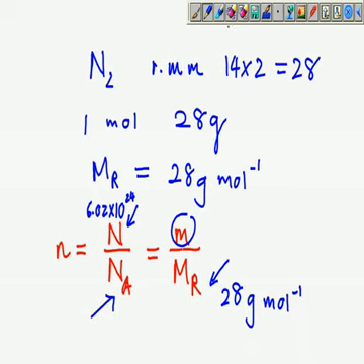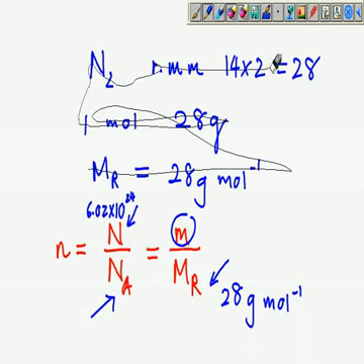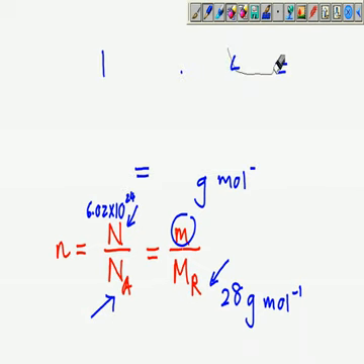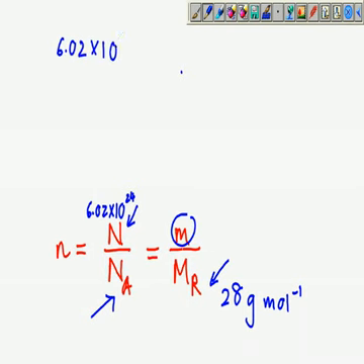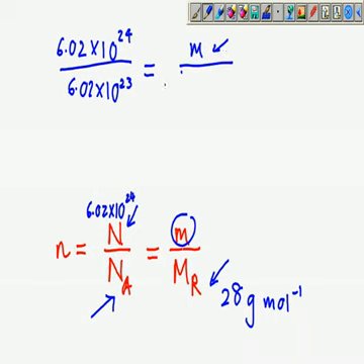Alright, so let's rub off this one to make way for calculation. So this will be a case of 6.02 times 10 power 24 over 6.02 times 10 power 23 equals the mass, the one that you are looking for, over 28 gram per mole.